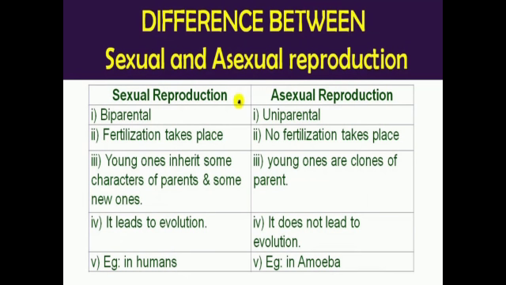Sexual reproduction leads to evolution, meaning new characteristics are observed in the offspring. Here the child, the baby that is developed, we term as offspring. Asexual reproduction does not lead to evolution. The young ones produced have the same characters, totally identical to the parent.